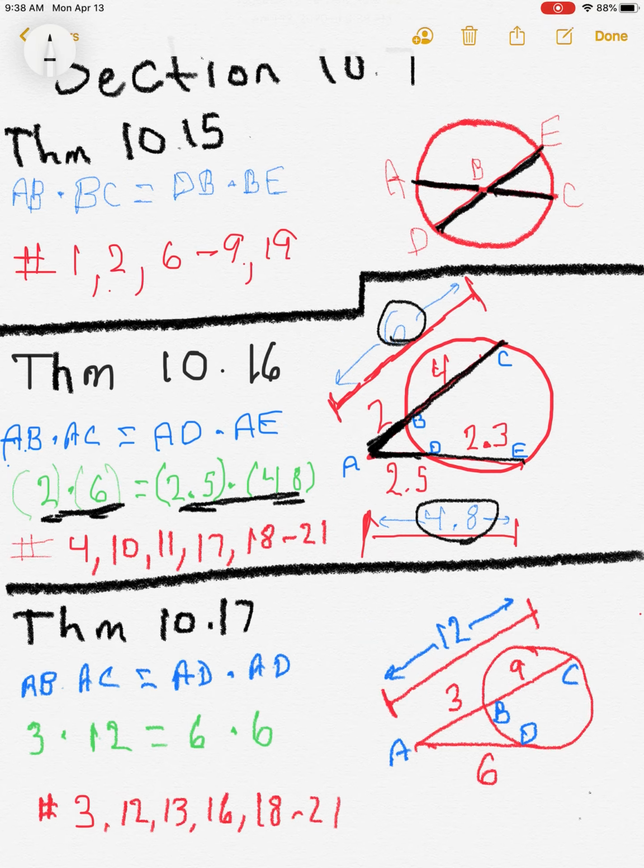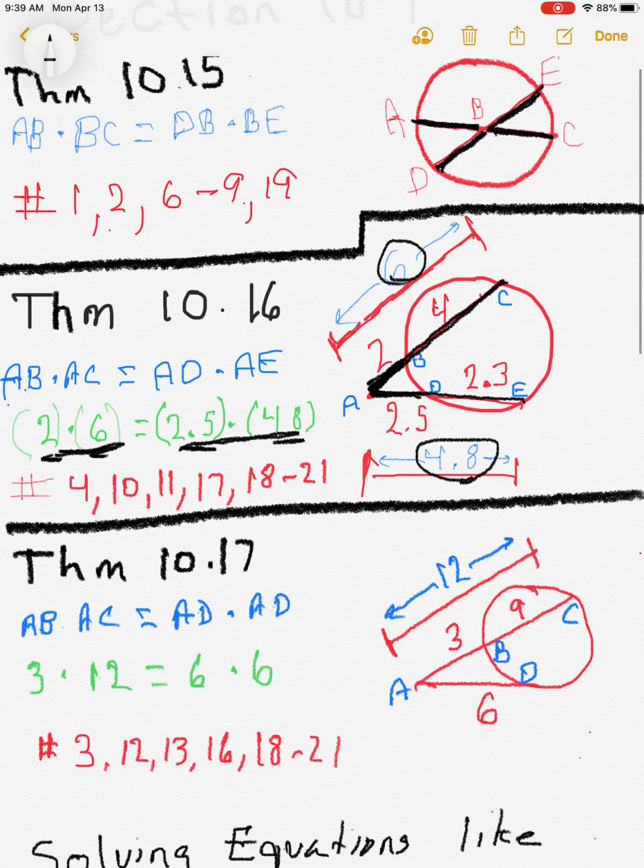Distribute the 5 over the 5 plus x. 25 plus 5x equals 7.5 times 12, and solve that. One more example here. Problem number 10. 4 times the total 12, AB times AC, equals 3 times the total 3 plus x.